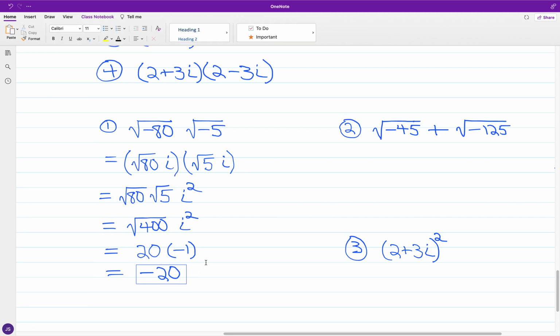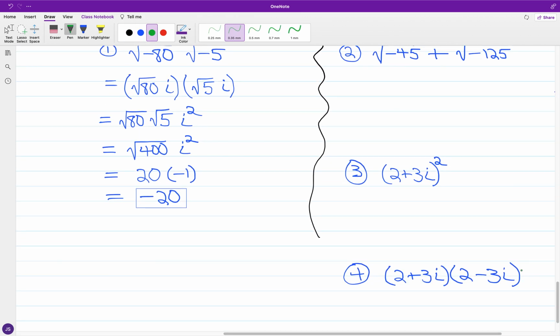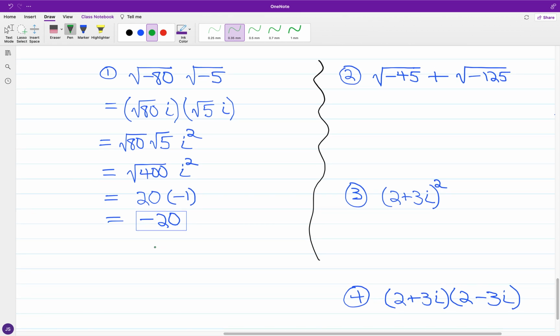So this is one approach, and I'll show you another pathway. So I had the square root of 80, again, times the square root of negative 5. And rewriting in terms of the letter i, let's have the square root of 80 times i, and the square root of negative 5, we have the square root of 5 times i.